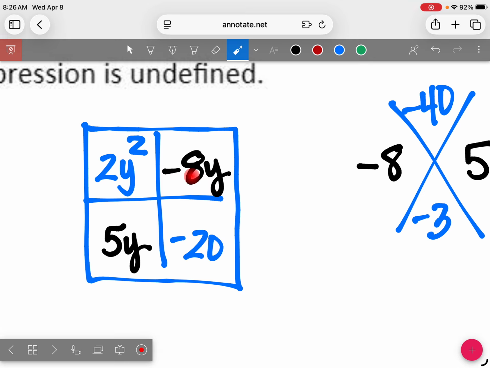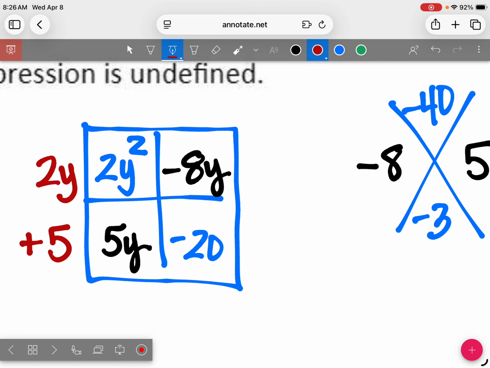Both 2 and 8 are in the 2s because the GCF is the highest column you can go and find both numbers. So I can find both 2 and 8 in the 2s, so I can take out a 2 and a y. The denominator, 5 and 20, if you look at your chart, 5 and 20 are both in the 5s. So I could take out a 5, but it has to be positive because it's next to a positive 5.